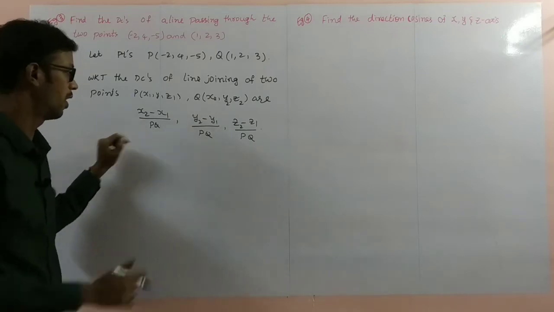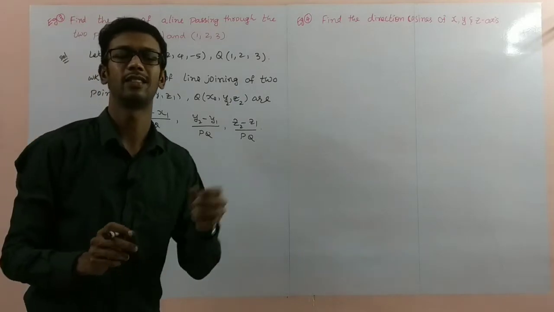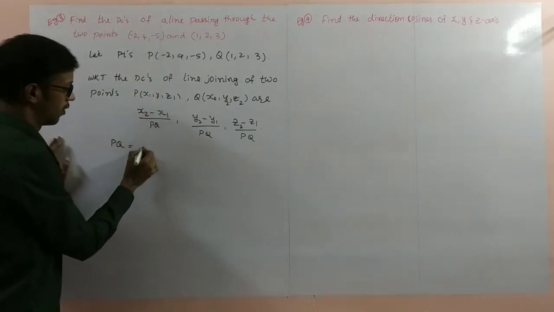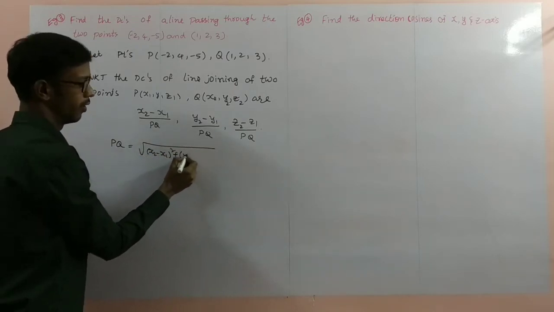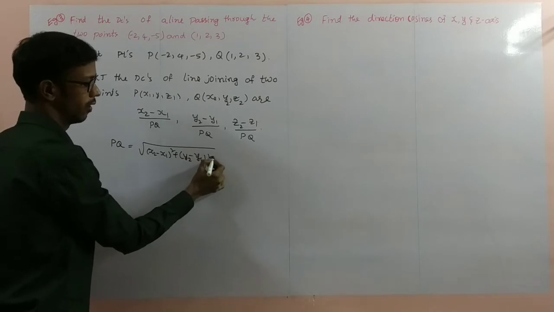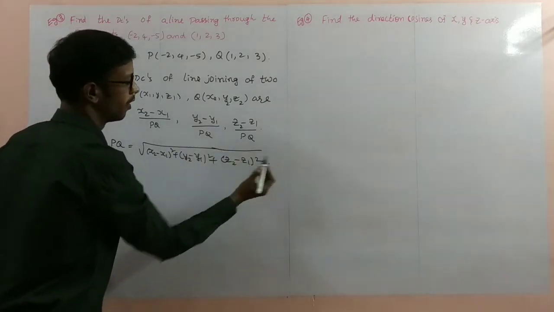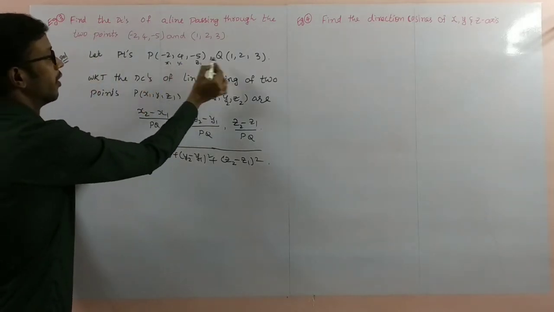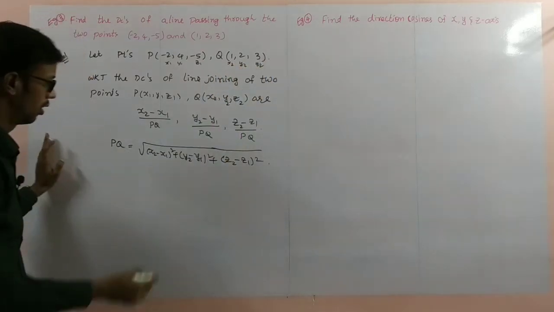So now first of all we have to find PQ. PQ is nothing but the distance. The distance formula: PQ is the square root of x2 minus x1 whole square plus y2 minus y1 whole square plus z2 minus z1 whole square. So now what are the points here? x1, y1, z1, x2, y2, z2. Now substitute here.